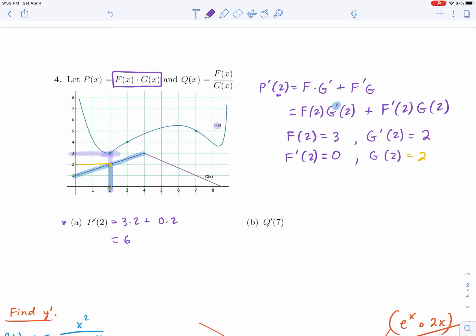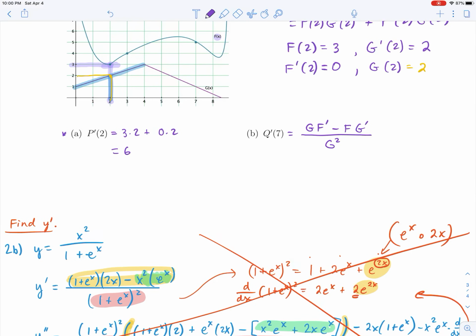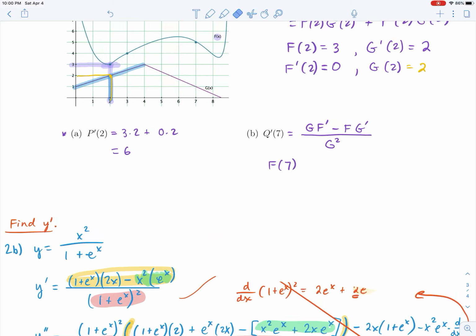Similarly, to find Q prime of 7, we just need to use the quotient rule. So that's going to be low d high, so g f prime, minus high d low, so that's f g prime, and then over g squared. So we're going to need f of 7, and I need to erase this stuff.